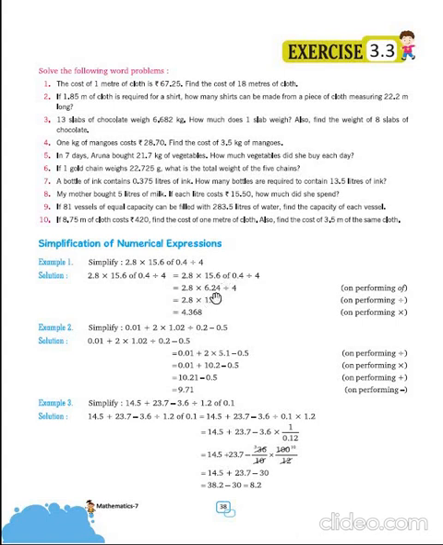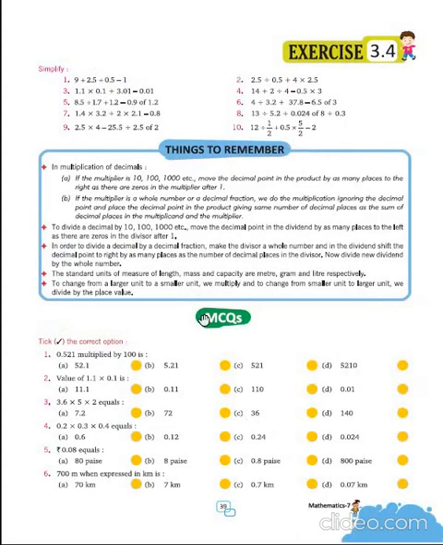We get 6.24. Then we will do division. So we get 2.8 into 1.56. Then we will do multiplication. So we get this. In this way you can do the simplification. You have to follow the BODMAS rule. Now come to exercise 3.4. This one you have to do yourself.